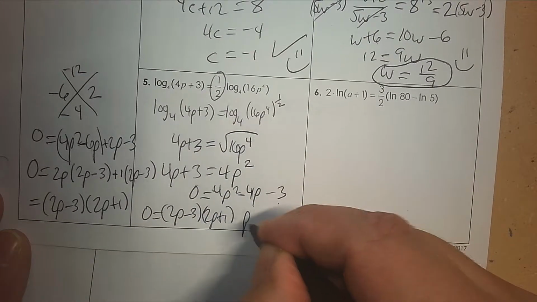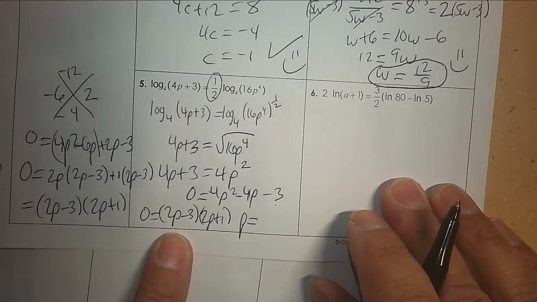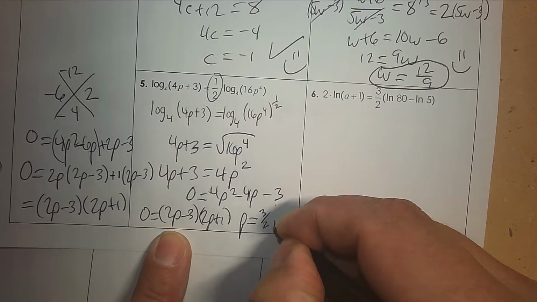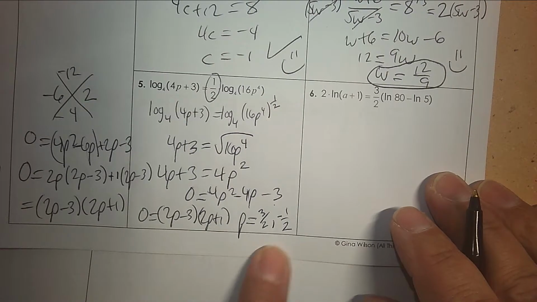Each factor has a 0. What is the 0 from the first factor? Positive 3 over 2. How about the second one? Negative 1 over 2.